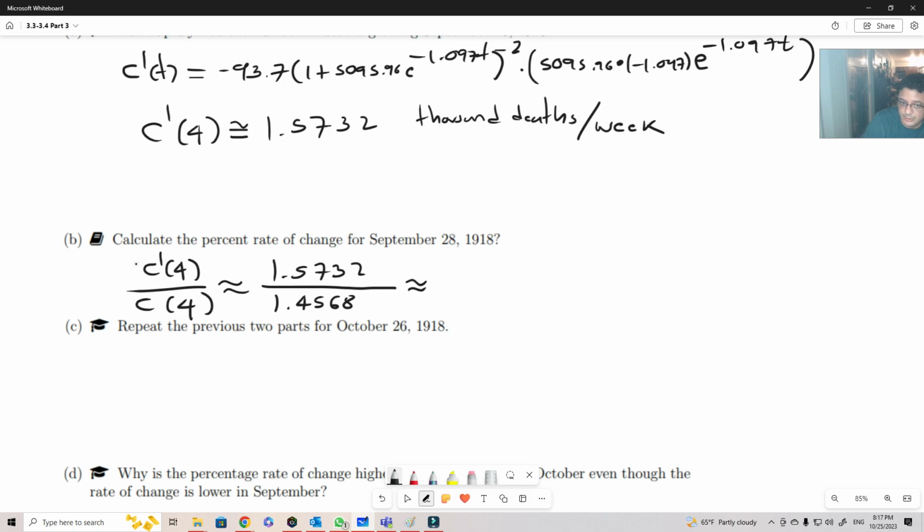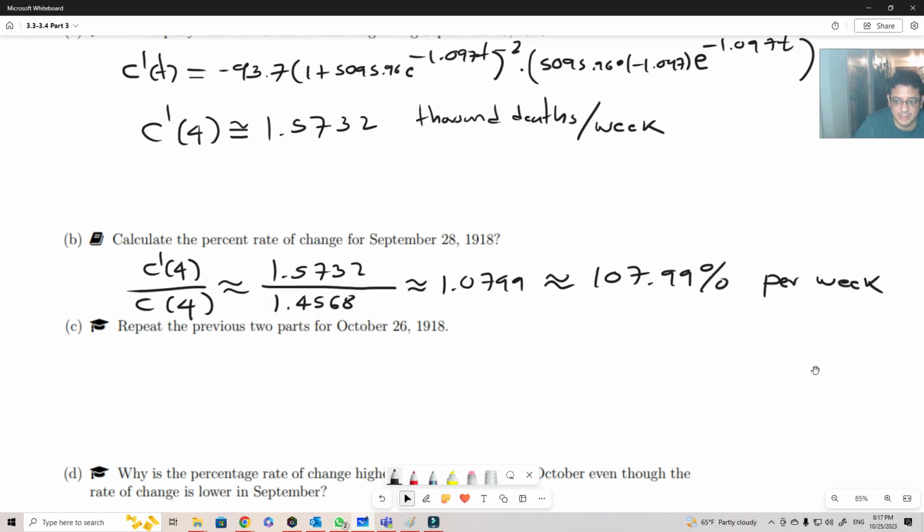This ratio is approximately 1.0799. Take into account that this is a percentage, so it means 107.99% per week. We're finding a percentage rate of change.